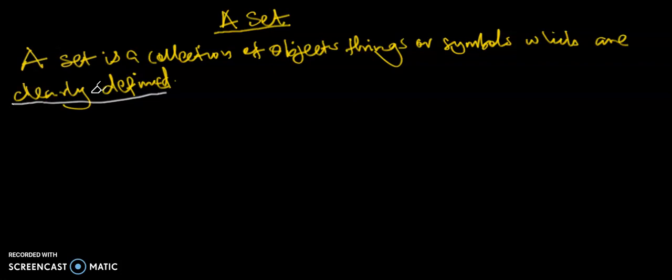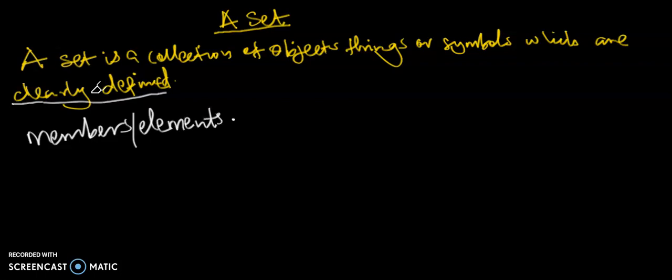The individual objects in a set are called the members of the set. You can call them members or elements of the set.